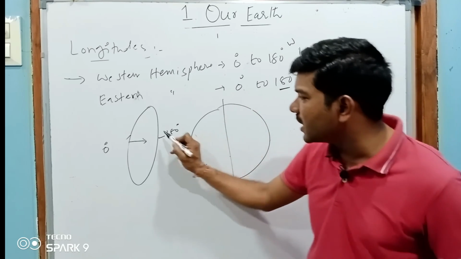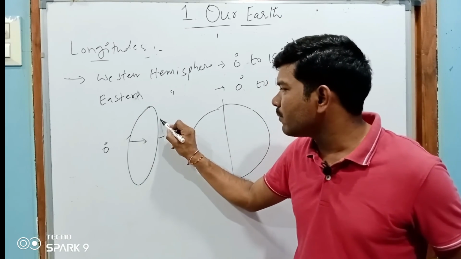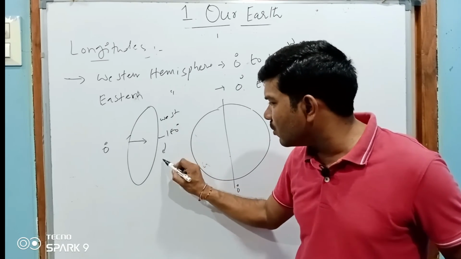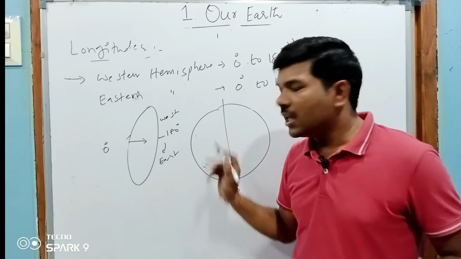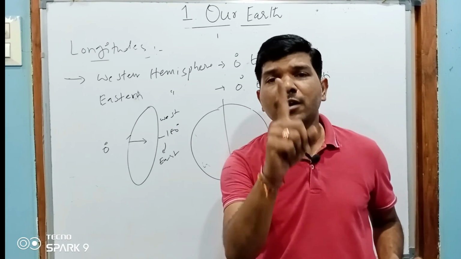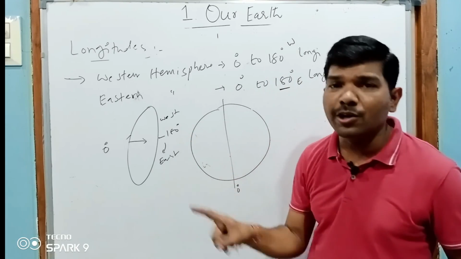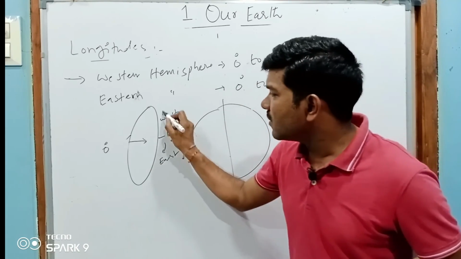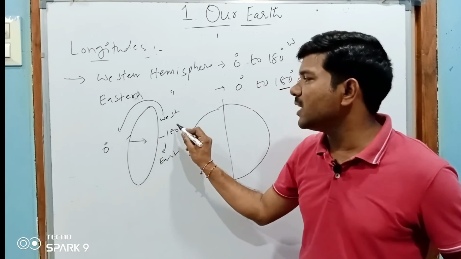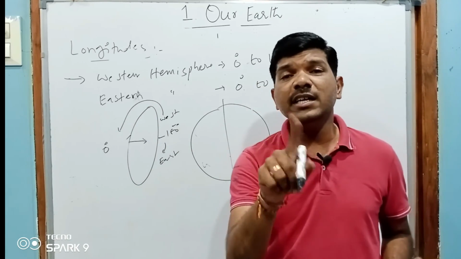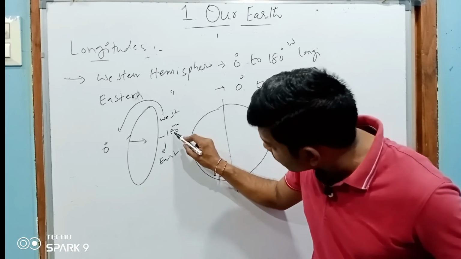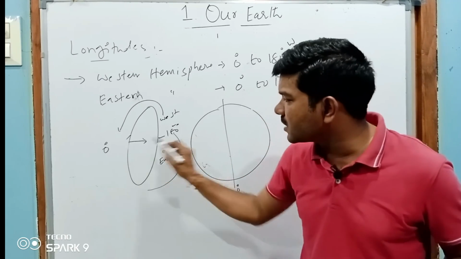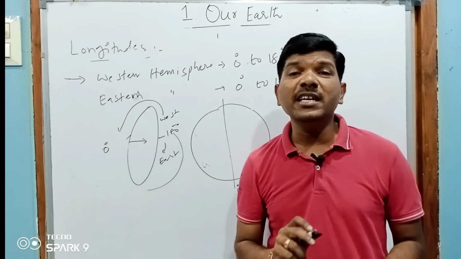If you take this 180 degree from this side, it becomes west; if you count from the other side, it becomes east. So there is only one longitude, 180. If we count from the west, it is 180 degree west longitude, and from the east, it becomes 180 degree east.